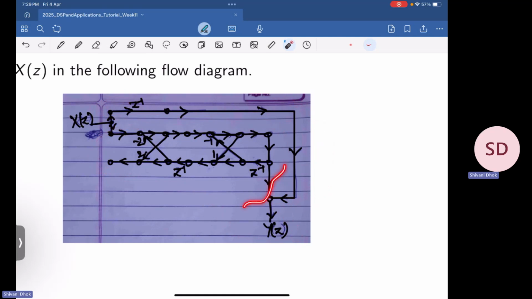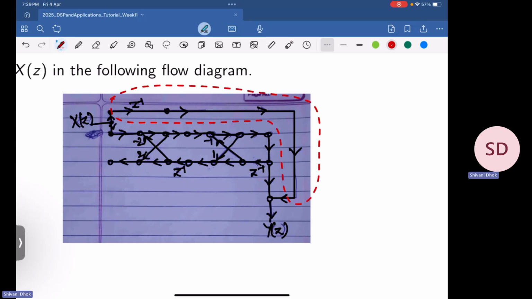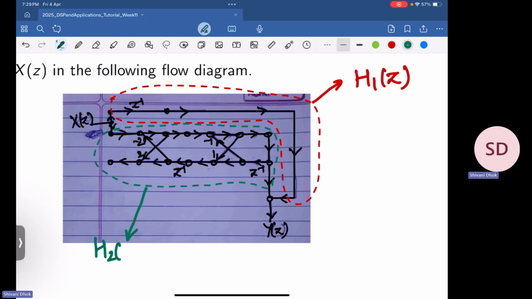This red one, whatever I'm highlighting, is my h1 of z, and similarly the part I have highlighted in green is my h2 of z.